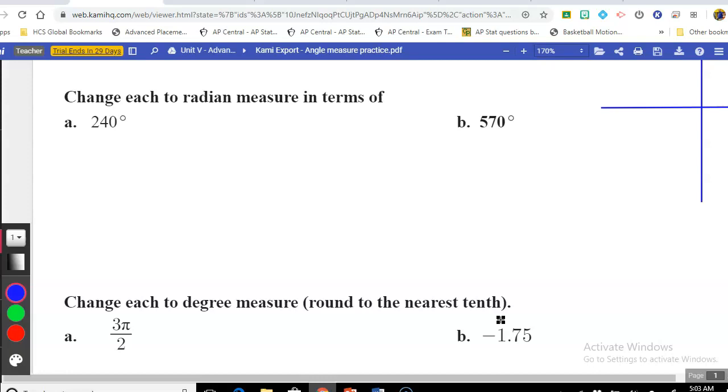Now we have a 240 degree angle, and we want to change it to radian measure in terms of pi. I forgot to put the pi symbol in there.